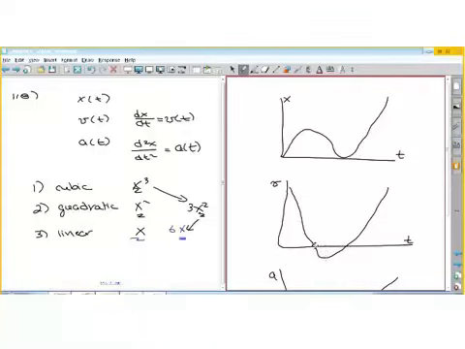Actually what happens here is it stops, then it goes backwards, and then it starts going forward again at this point.